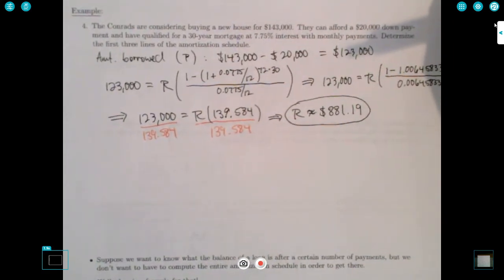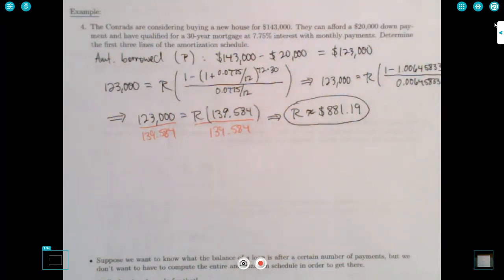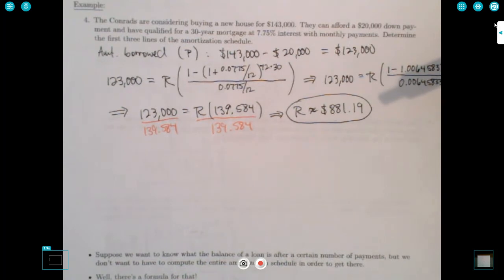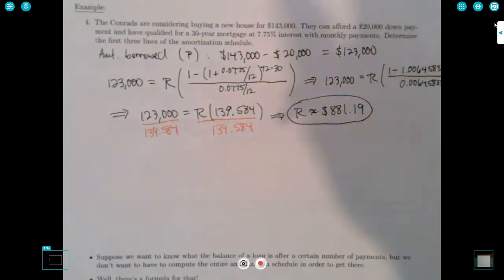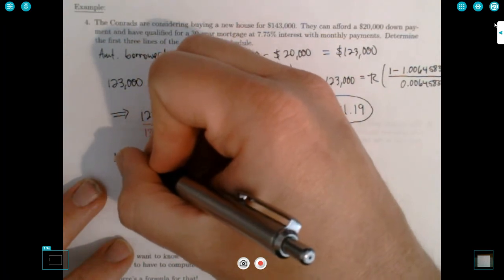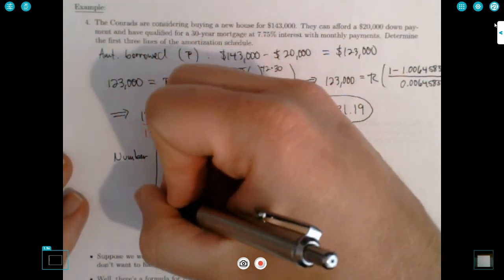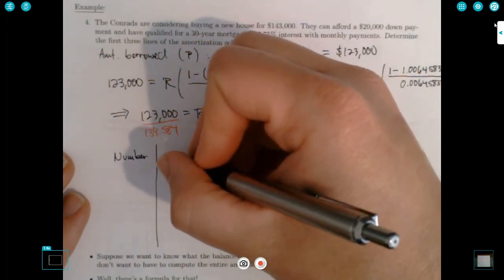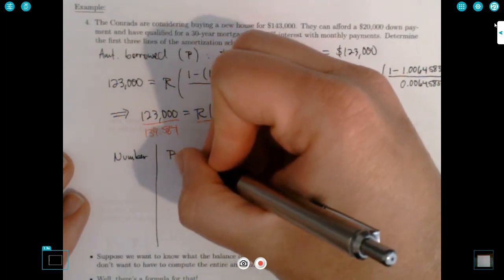We can use that now to set up the amortization table. I always want to mispronounce it, but it's amortization. Anyway, so we're going to have the payment number, the payment amount. I'm just going to call it the payment.